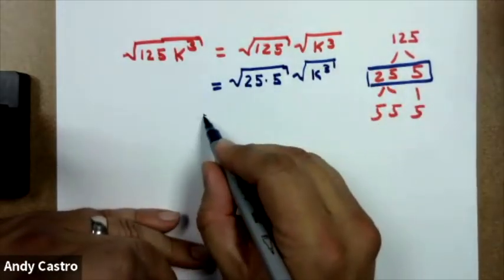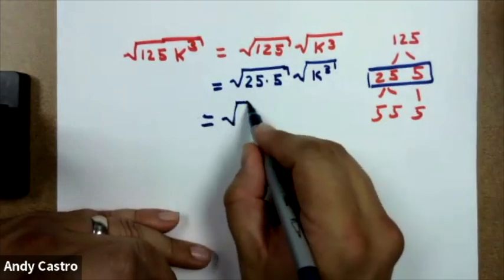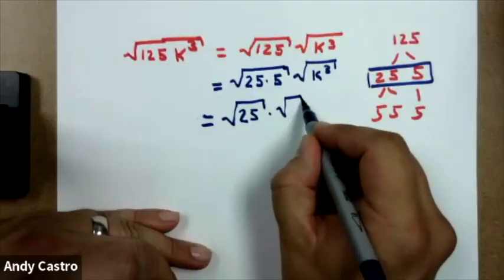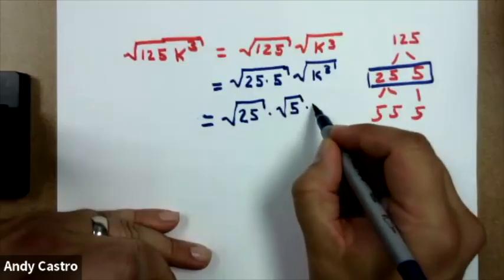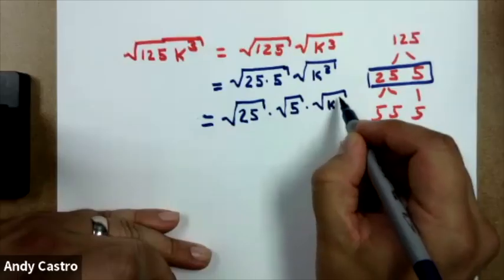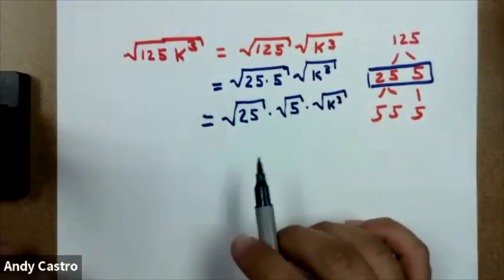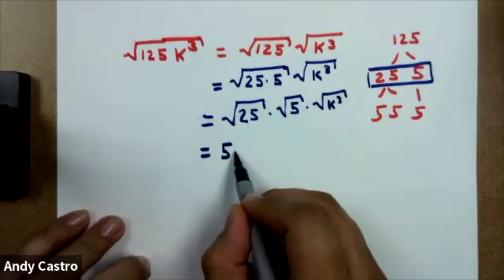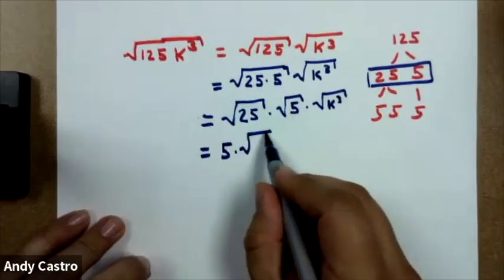Okay, so now I'm going to split my radical, square root of 25 times square root of 5 times square root of k to the third. All right, now square root of 25 is 5 times square root of 5.